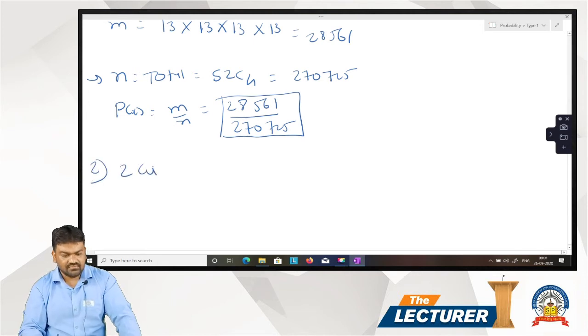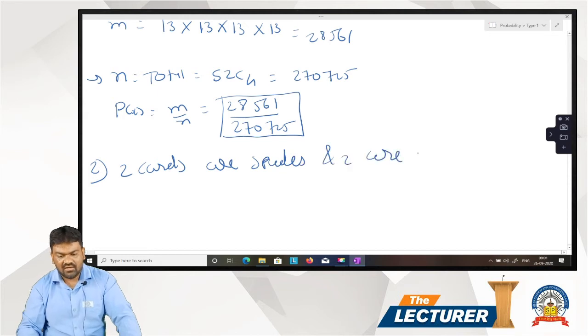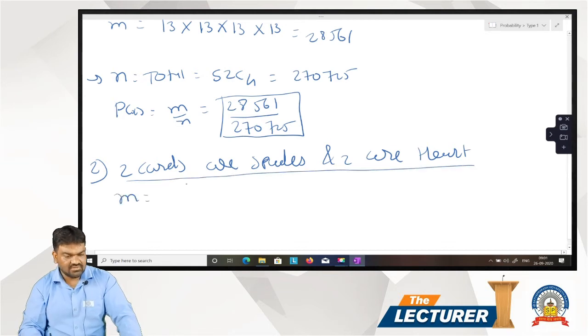Favorable result: out of 13 spade cards, 2 cards are selected, 13C2.